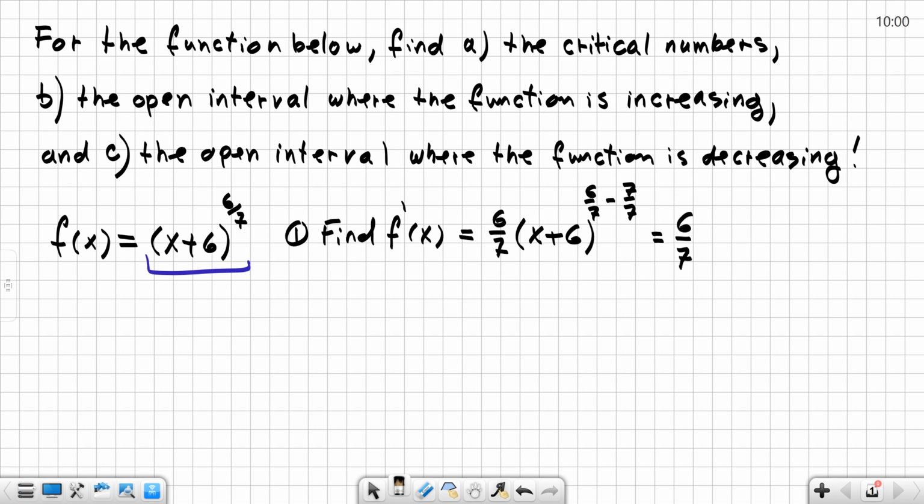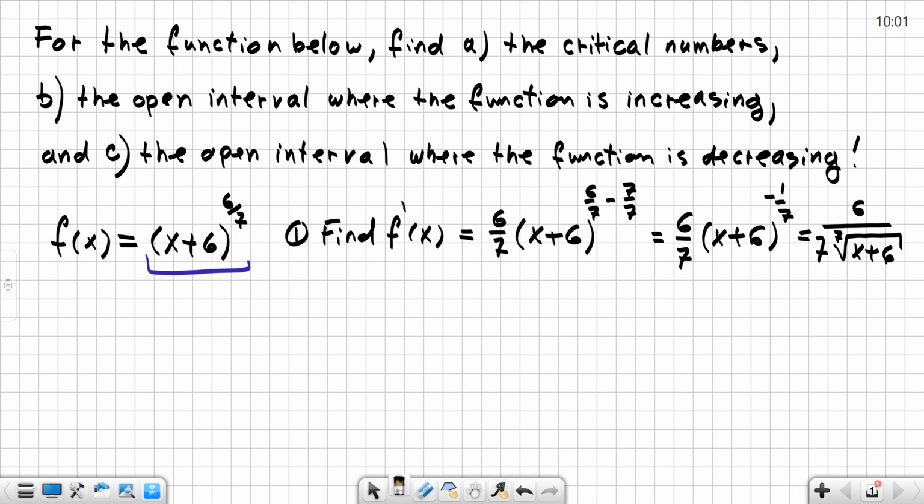So the derivative is 6/7 multiplied by (x + 6) raised to the -1/7. I would like to write this with a positive exponent: (x + 6) to the 1/7 is nothing else but the 7th root of x + 6.